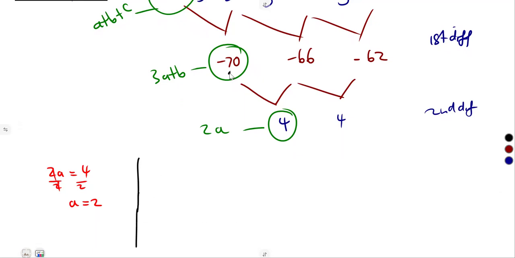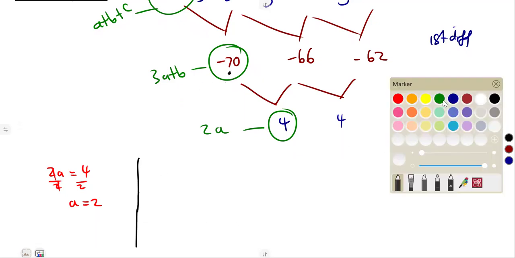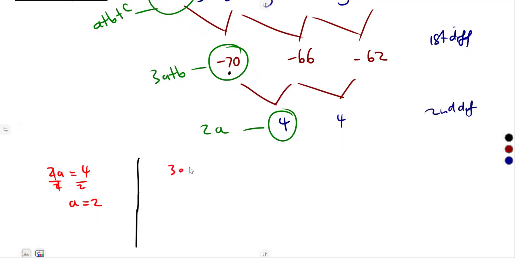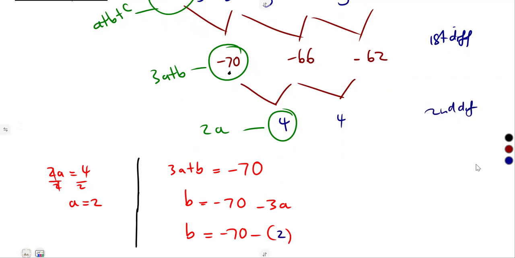The first term of the first differences must be equal to 3a plus b. 3a plus b is equal to negative 70. Since we need b, b is equal to negative 70, moving 3a to the other side, negative 3a. So b is negative 70 minus 3 times a, which is 2.